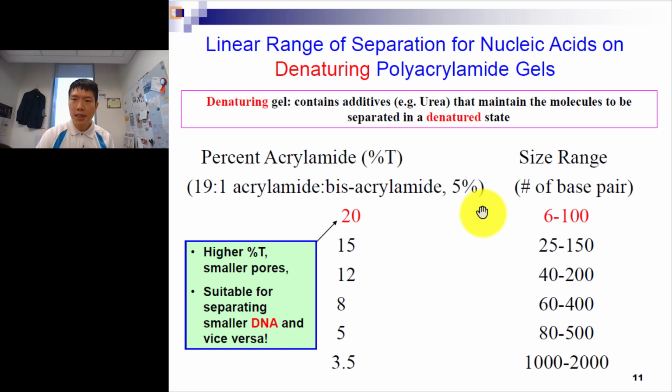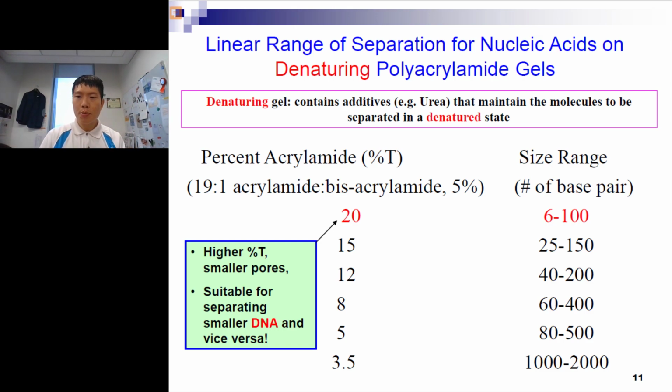Another type of large molecules suitable for separation by CGE are the nucleic acids, your DNA and RNA. Usually the DNA molecules are denatured by adding certain additives like urea, and then the molecules will have a long chain of bases rather than a double helix. So what you want is to separate the double helix into a single chain, a single polymer, being smaller.